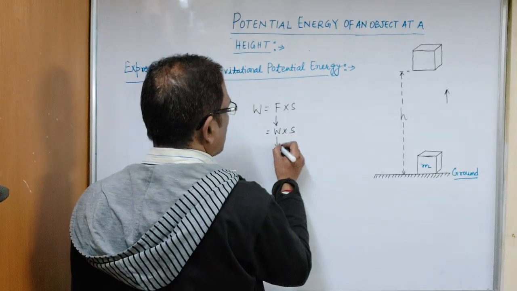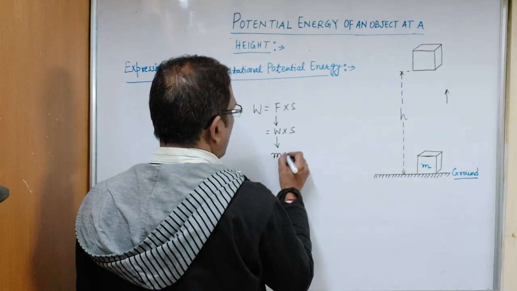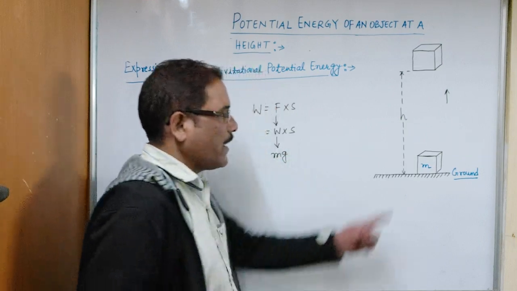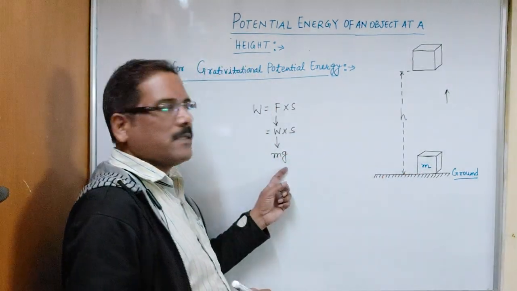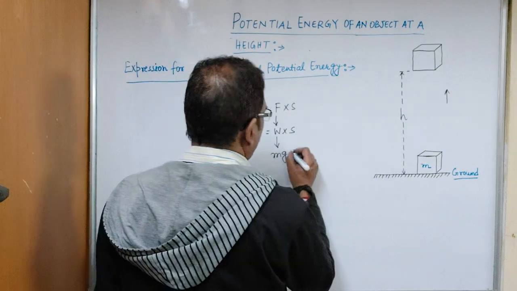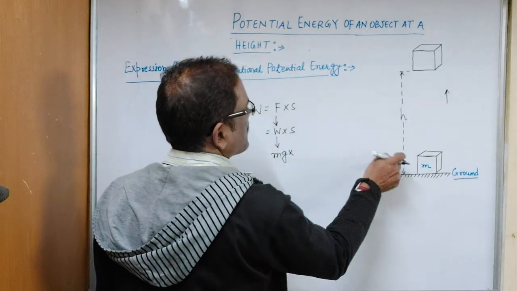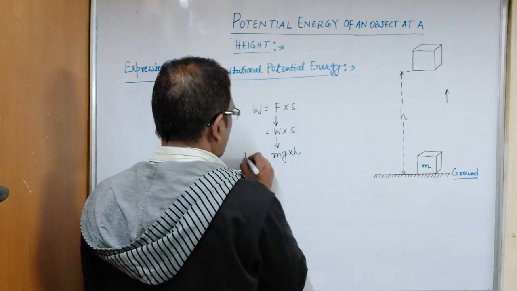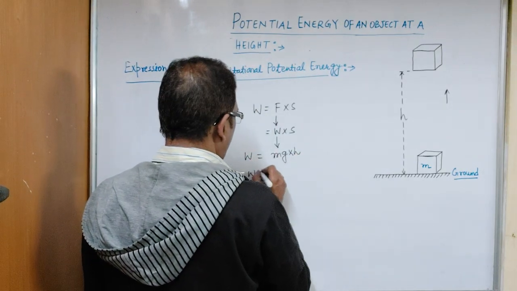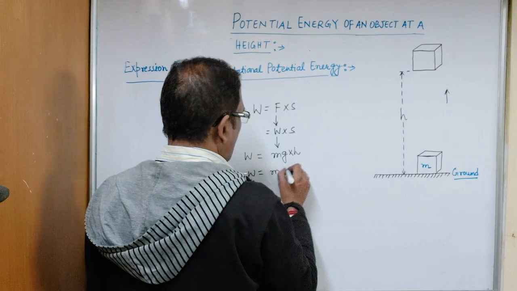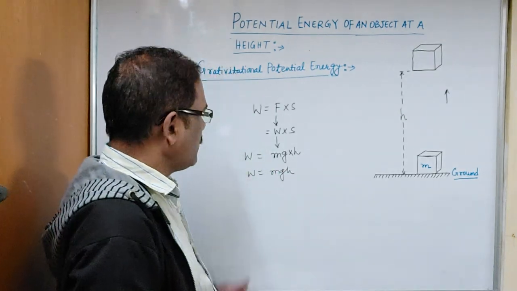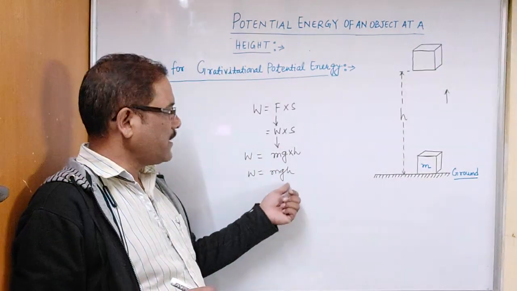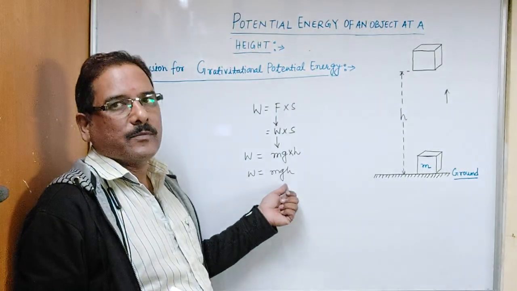and then displacement. Now we know that weight is equal to m into g, where m is the mass of the object and g is acceleration due to gravity. And displacement is how much? From ground to a height h. So the work we are doing to lift it to a height h is mgh.